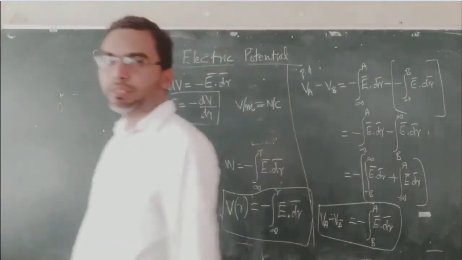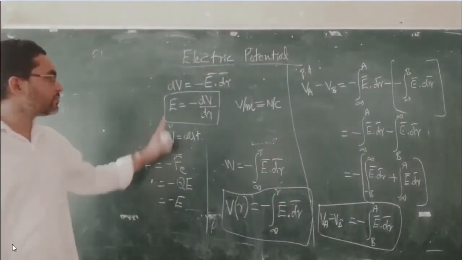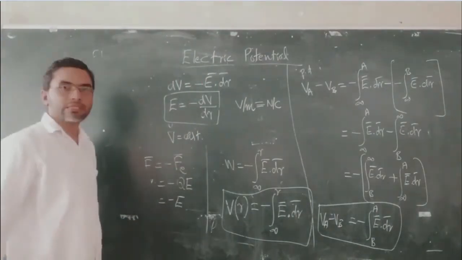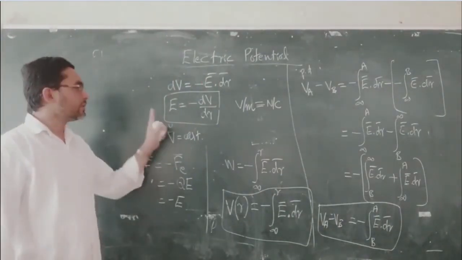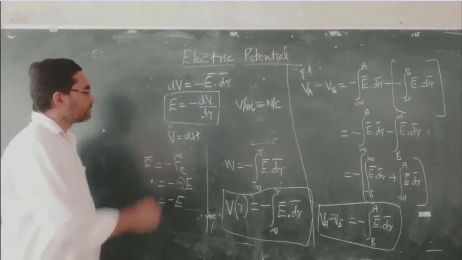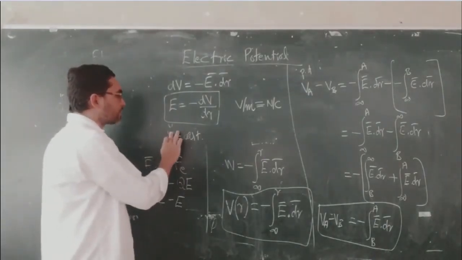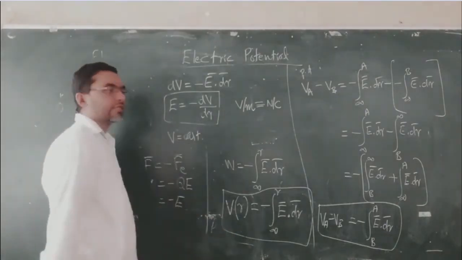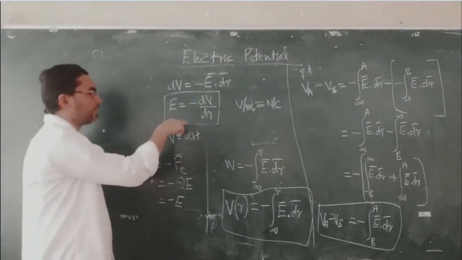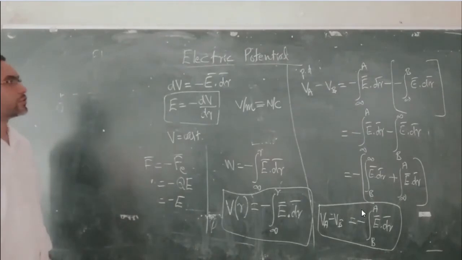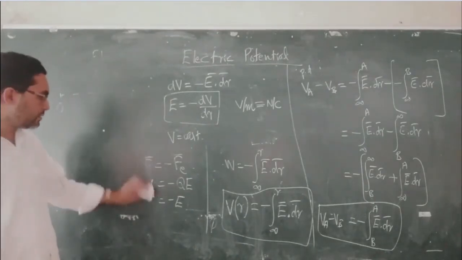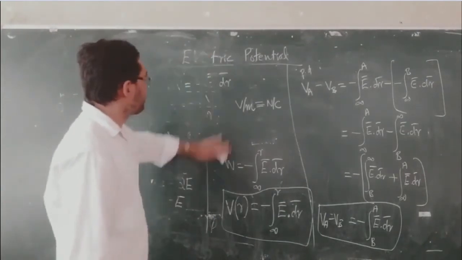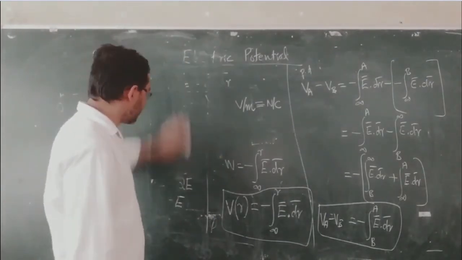If the potential throughout a region is the same, then there will be no electric field. In a constant potential region, the electric field E will be equal to 0. So this is the electric potential and the relation between electric field and potential.